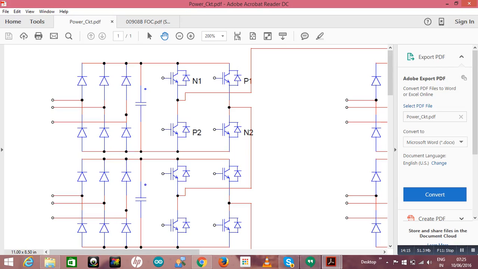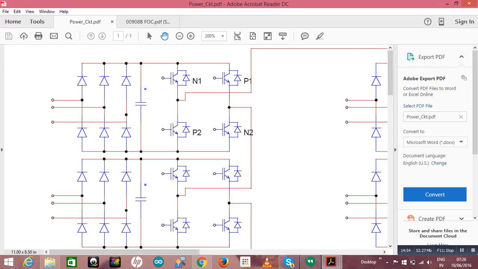The entire rack as a plug and play system will be given by Semikron. The diode, IGBT, heatsink, capacitor, everything will come as a black box with a driver. You just have to give the microcontroller triggering pulse, and it will work.